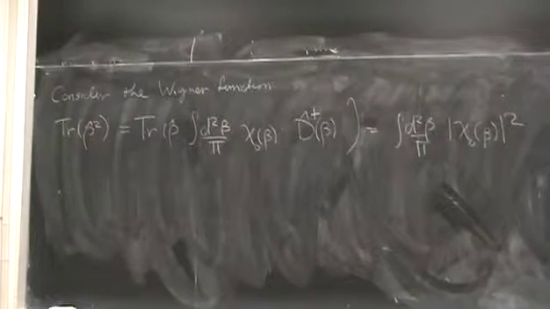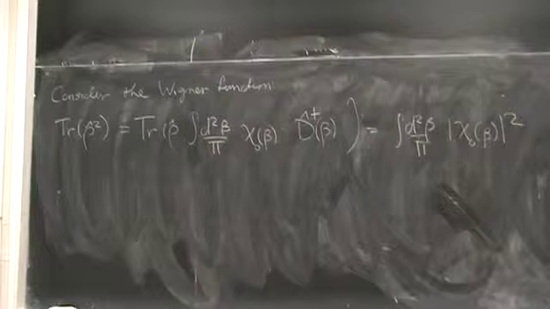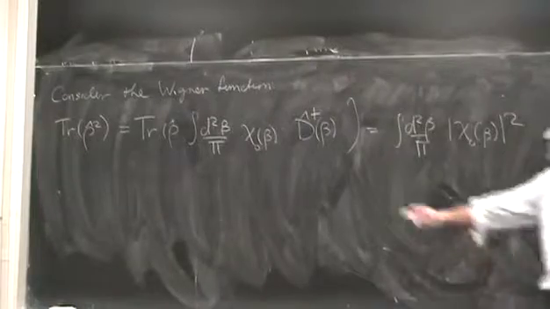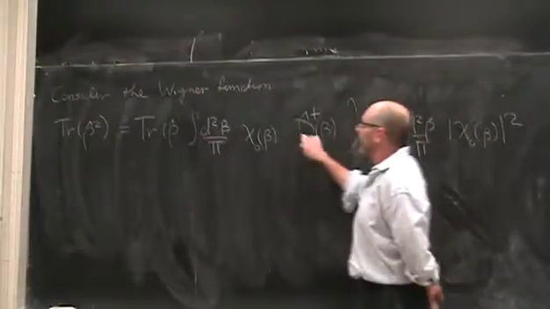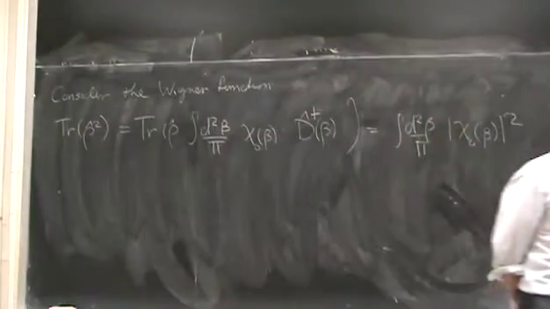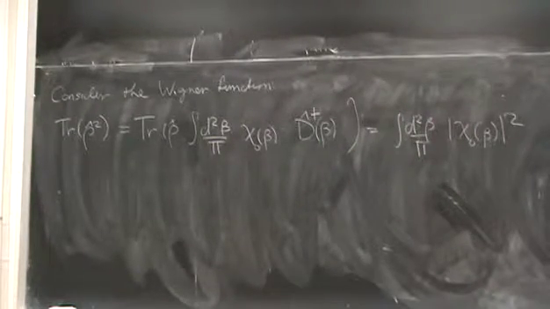So the trace of rho squared is the integral of the square of the distribution over all space, right? What did I do? I brought this inside, and the trace of rho with that was chi star.